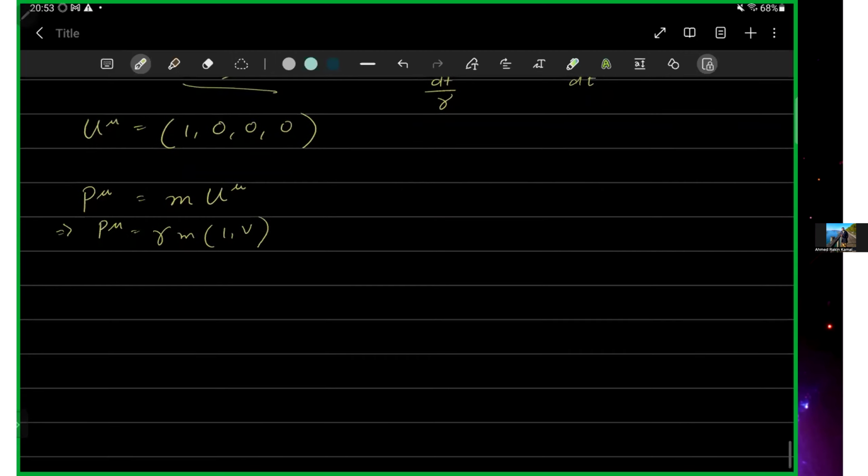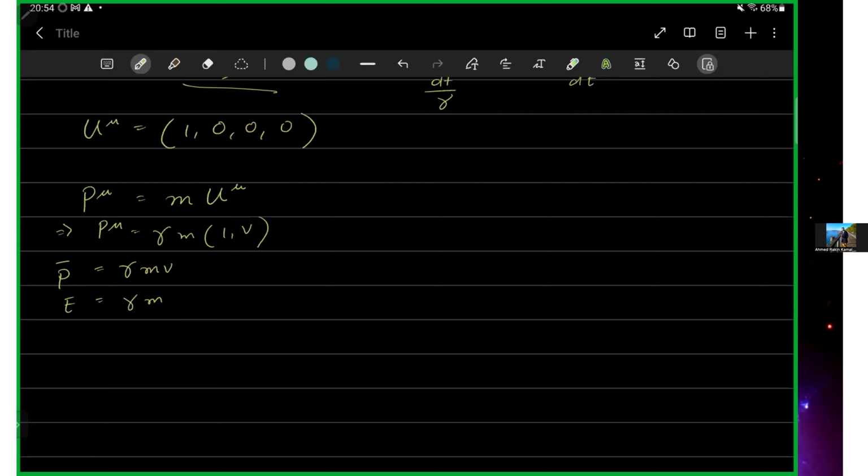And from this, basically, you can get a generalization of the 3 momentum, which let me write as P bar, which means that this is the 3 momentum as in P1, P2, P3, as gamma m v, which is just for the spatial part, so taken from here. And the temporal part is actually the energy of the particle, where I only get gamma m for this part.